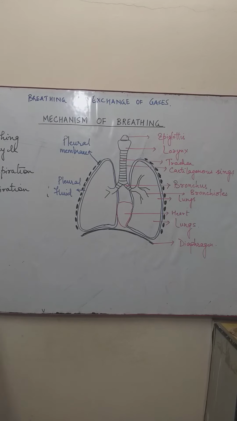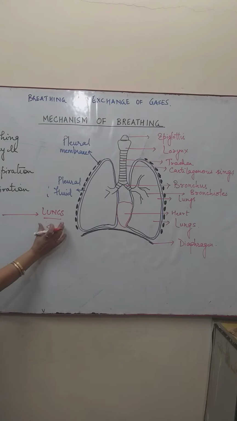Now, inspiration can take place only if the pressure within the lungs is less than the atmospheric pressure. So what will happen if air has to move to the lungs? The pressure within the lungs should be less as compared to that of air, which will have high pressure.